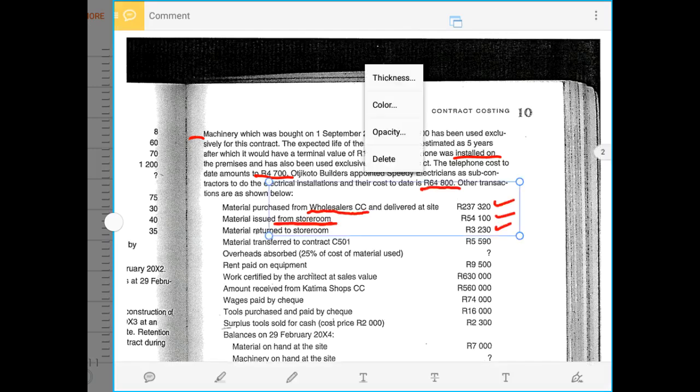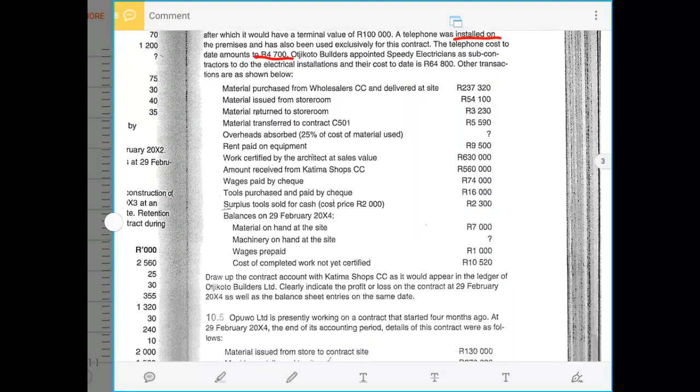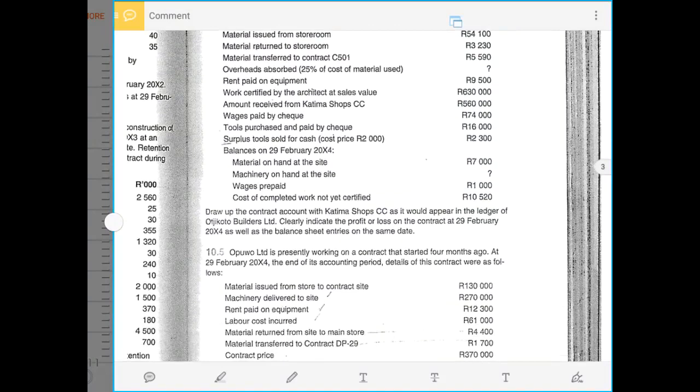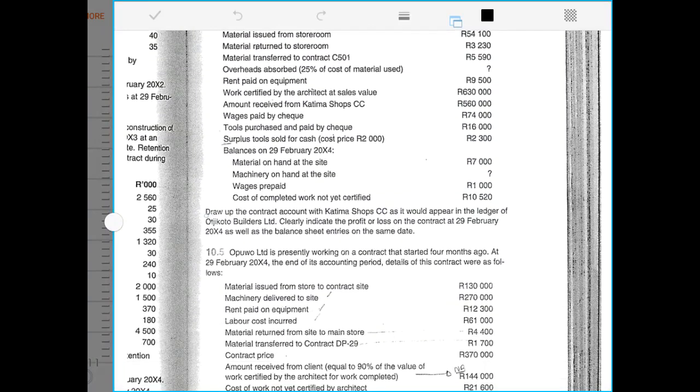Let me just go straight to the requirements so that we know what we are required to do. It says draw up the contract account with Kadima Shops Close Corporation as it would appear in the ledger account.